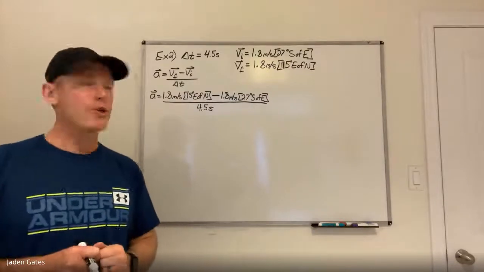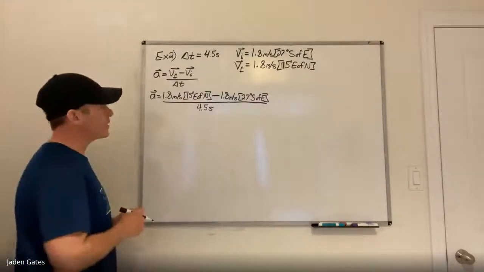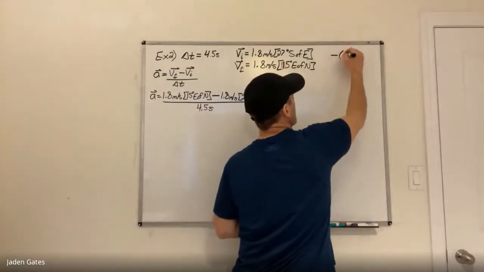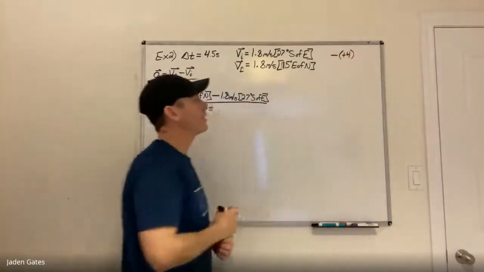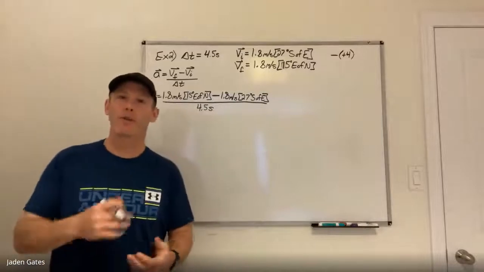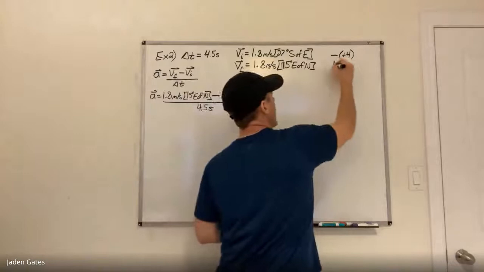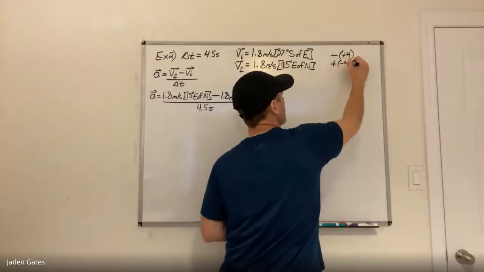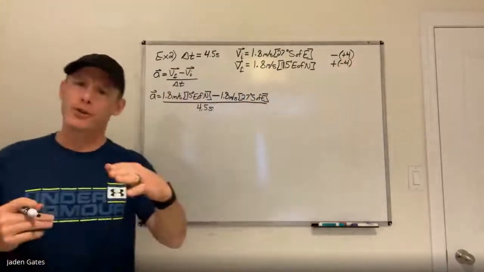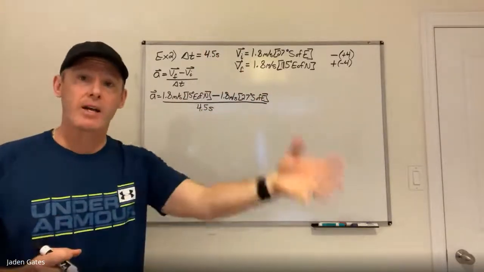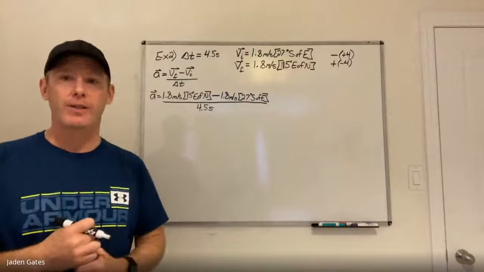If you subtract 4, another way to look at it is we're adding negative 4. You can subtract a positive 4 or add a negative 4. The result is the same.